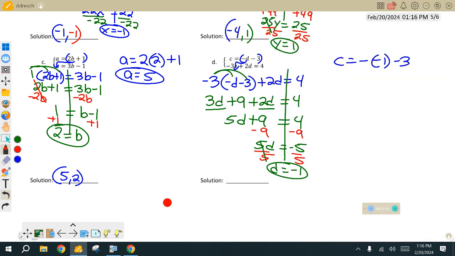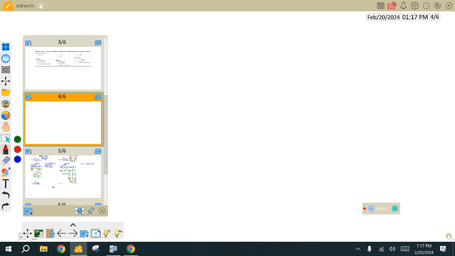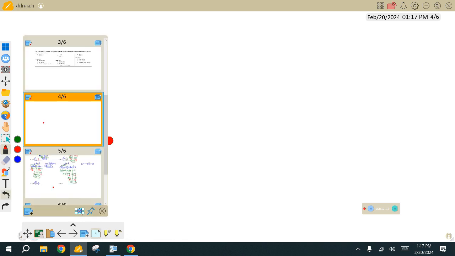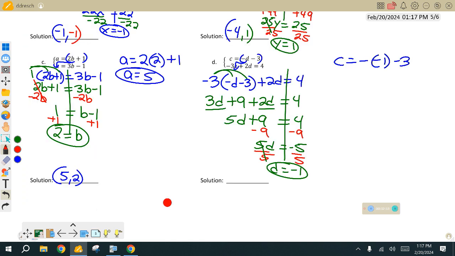Why is it on the inside and outside? Because it says -D. There's a negative out front. D got replaced as -1.